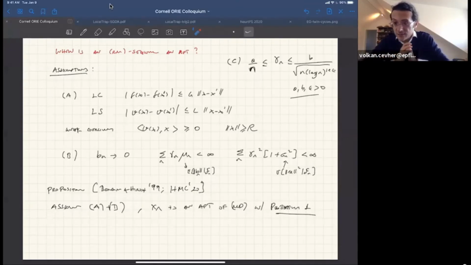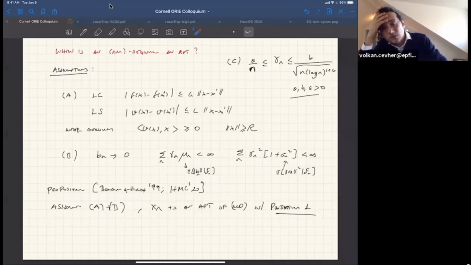What is not covered is maybe different time scales, and even oscillations like the step size increasing, decreasing, increasing, decreasing. So there are cases that are not covered.